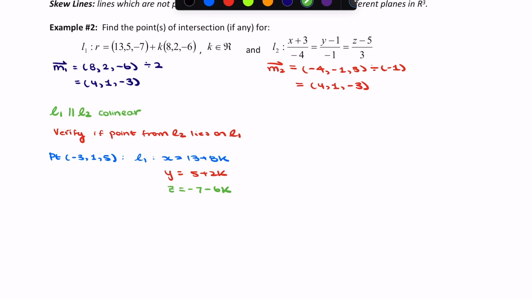So here if we sub in our values, we'll get -3 is equal to 13 plus 8k, k is equal to -2. For y, we sub in 1, 1 is equal to 5 plus 2k, and then here k is equal to -2. And then for z, we get 5 is equal to -7 minus 6k, and k is equal to -2.